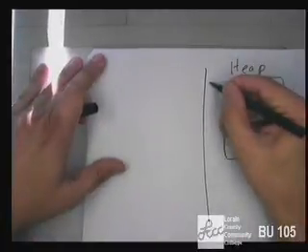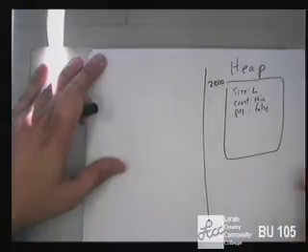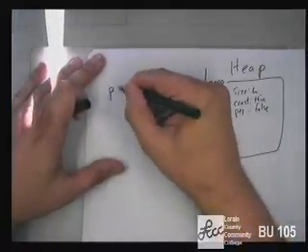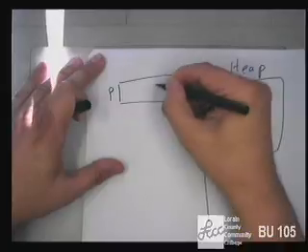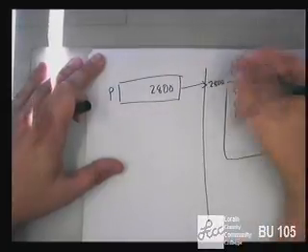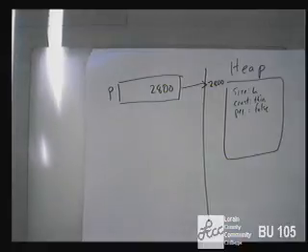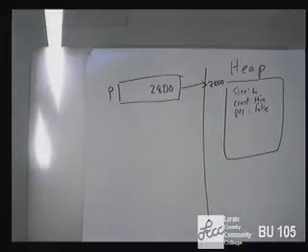And let's say this is memory location 2800. So the variable P would contain the memory location of that object. So it would contain, in our case, 2800. So we have our object on the heap, and we have our pointer that points to that object. All right?